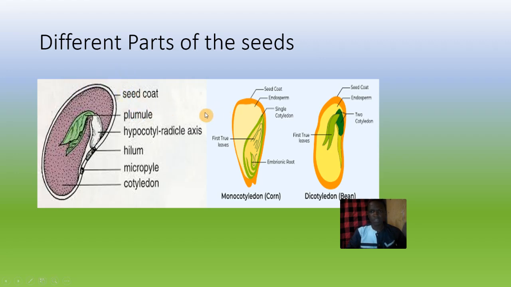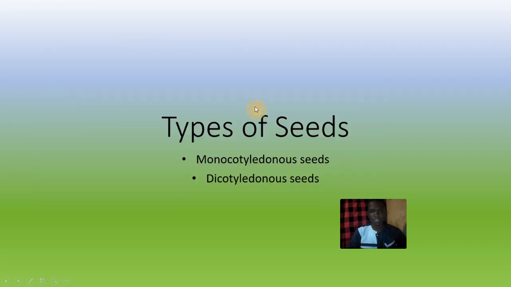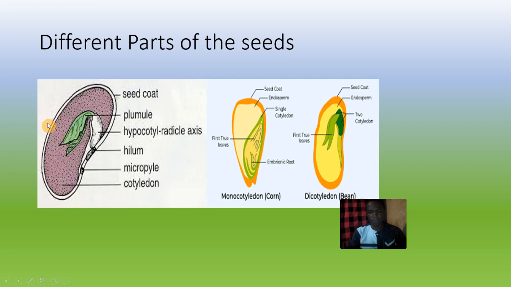These seeds can also have endosperm. For example, this part here is having the endosperm. Let me first take down. They have the umbilical. This one is what? They have the first leaves.